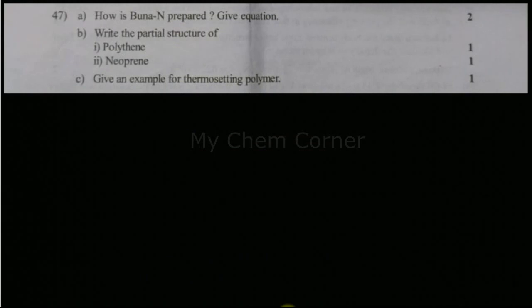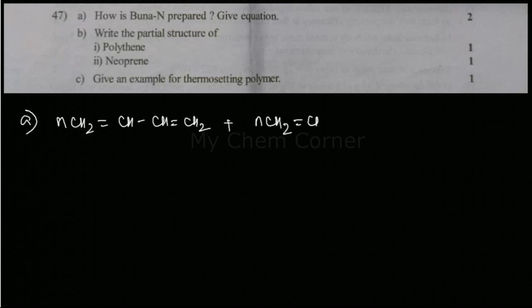Next, the last question is on polymers. How is Buna-N prepared? Give equation. Very easy one. So here you can write that you have n of CH2 double bond CH single bond CH double bond CH2 plus n of CH2 double bond CH, CN.